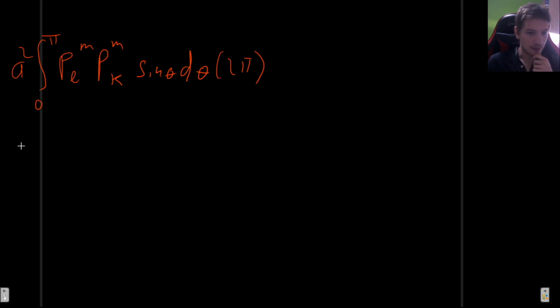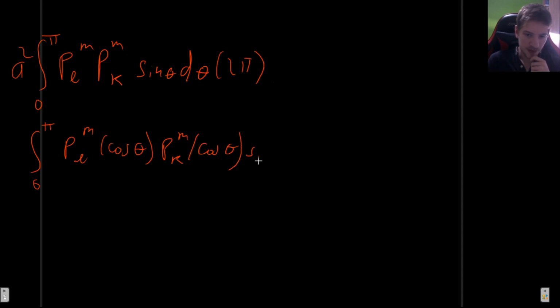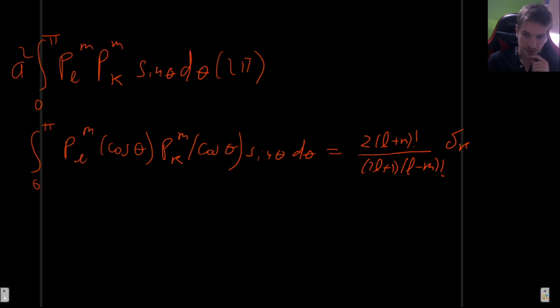So the expression for this is that whenever you take the inner product from 0 to π of some P_L^m of cosine θ, P_K^m of cosine θ, sine θ dθ, this is going to be 2(L+m)! over (2L+1)(L−m)! δ_KL. This is the orthogonality relation for the Legendre polynomials.